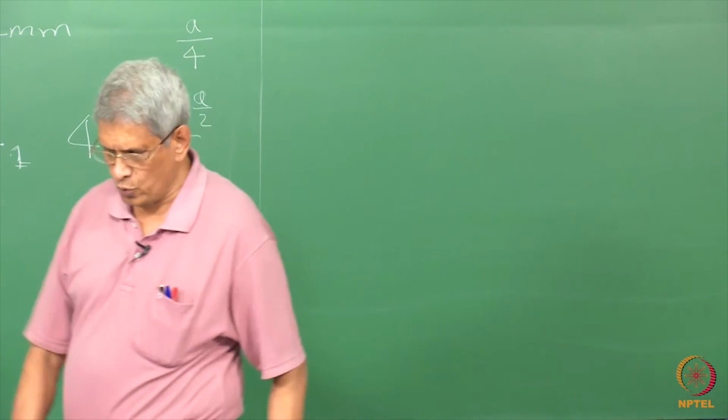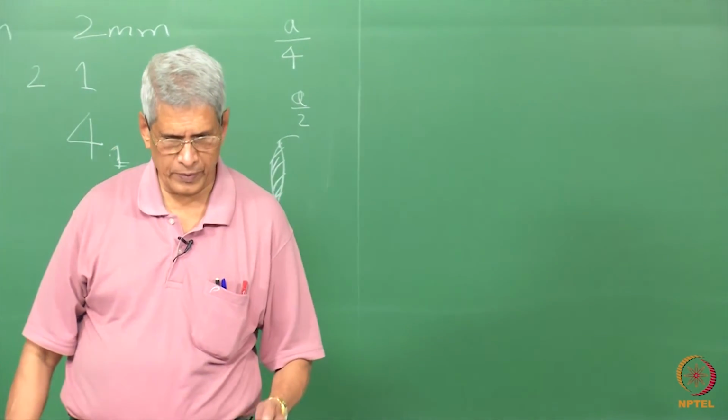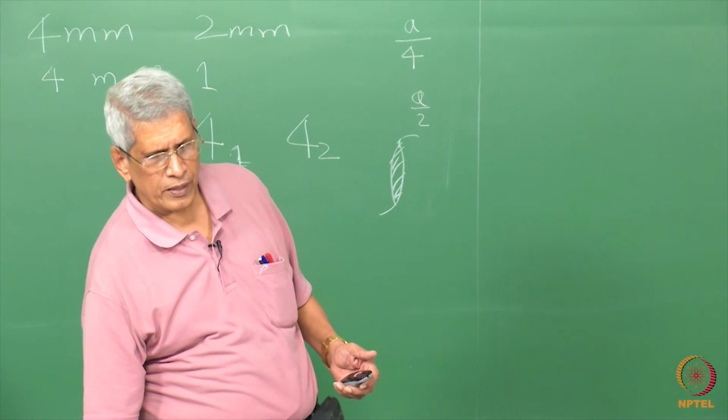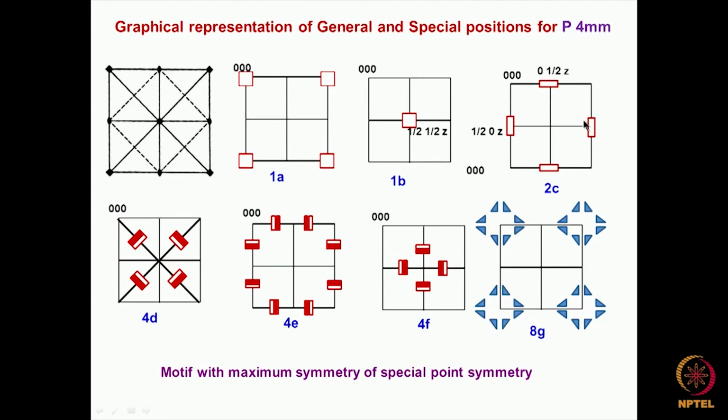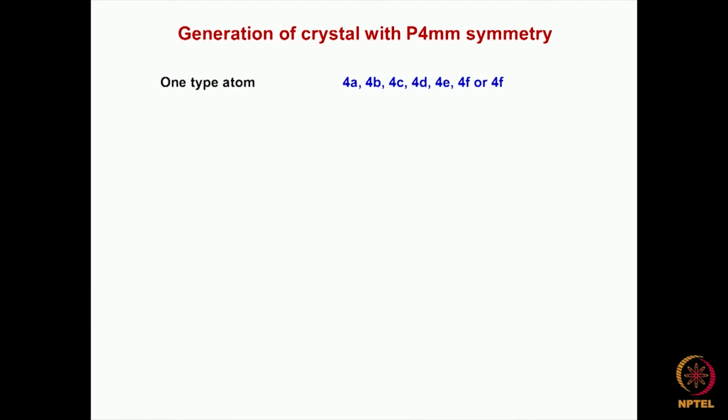So the two options available are either this one or this particular one, correct? Others are energetically less favorable since they need more atoms, so they are not probable. But geometrically it can choose anything, because if we do not consider energy, we can put that atom in any position and generate the lattice. It will have the 4 mm symmetry.